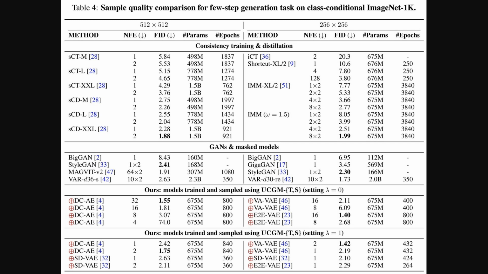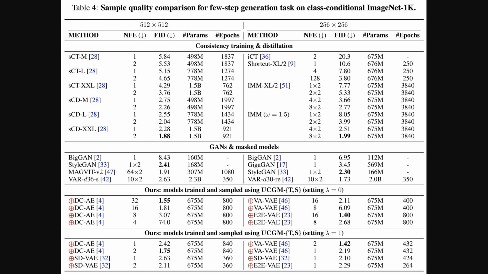Okay, now this Table 4 shifts focus to what's called few-step generation, again on ImageNet 1K. This is where that consistency ratio lambda is set to 1, which, as we discussed, gears the UCGM framework towards models that generate images in just a handful of steps. And the results are pretty striking.